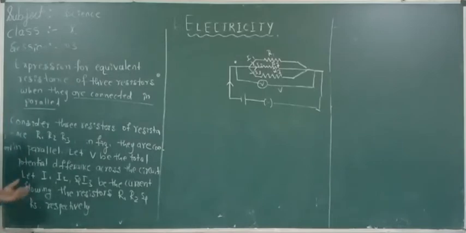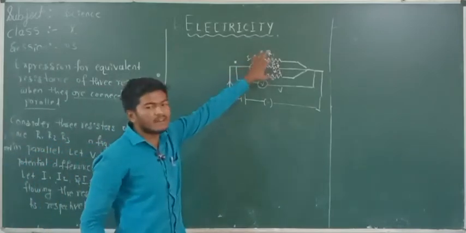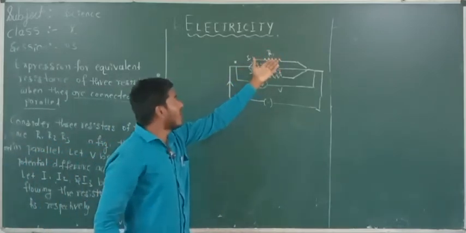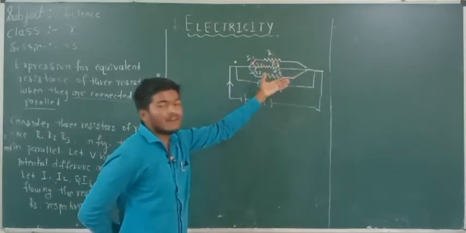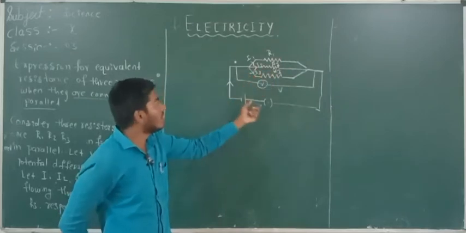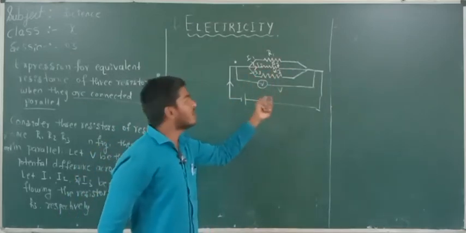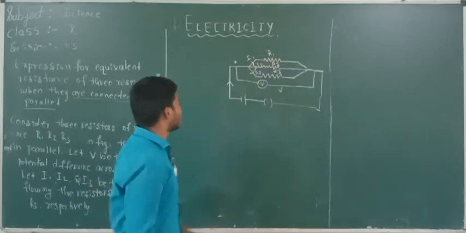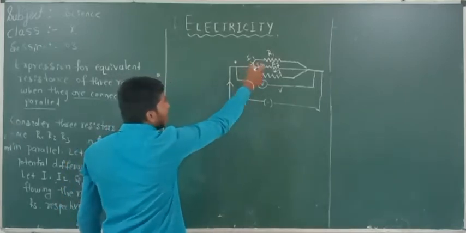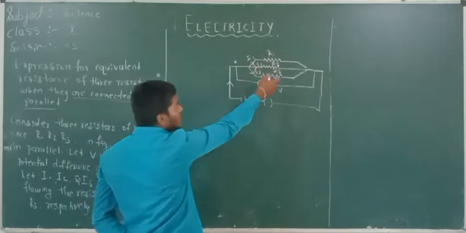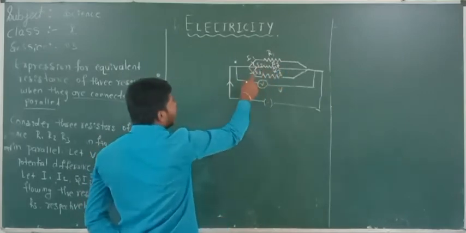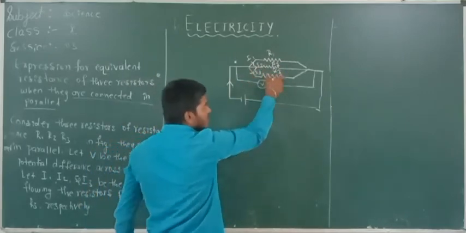See, once again, consider three resistors R1, R2, R3. They are connected in parallel to each other. Let V be the total potential difference across the three resistors, and I1 is the current flowing through the resistor R1, I2 is the current flowing through the resistor R2, I3 is the current flowing through the resistor R3.